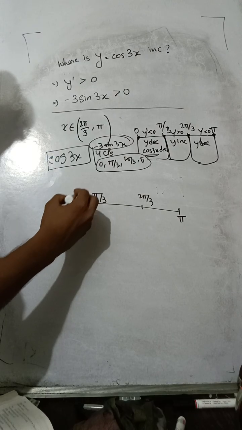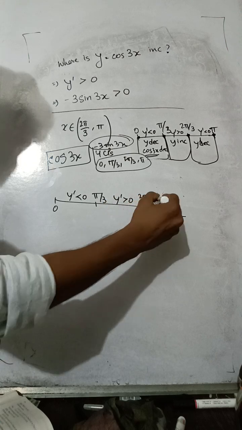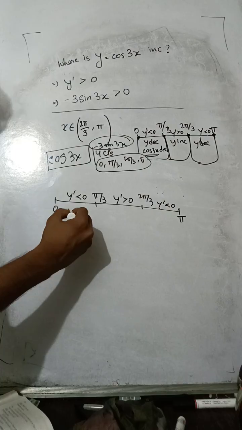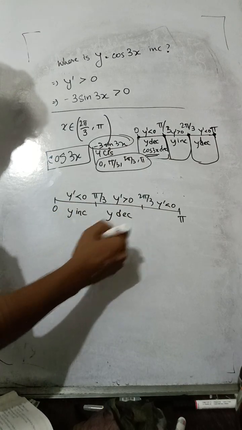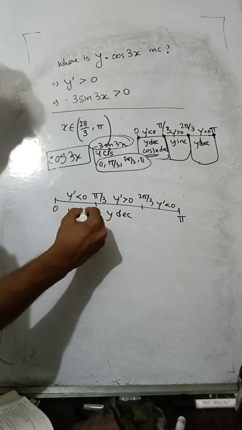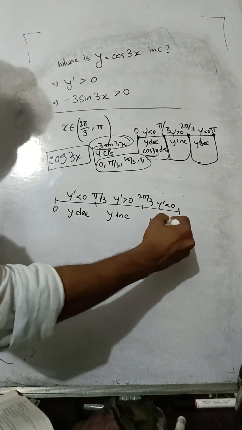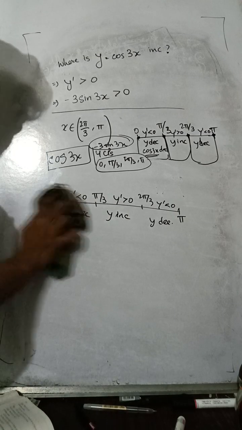So y dash is positive in the middle region and negative in the other two. So y is increasing in the middle region, and decreasing in the first and last regions. So yes, I guess it was clear, and let us move into the next sum.